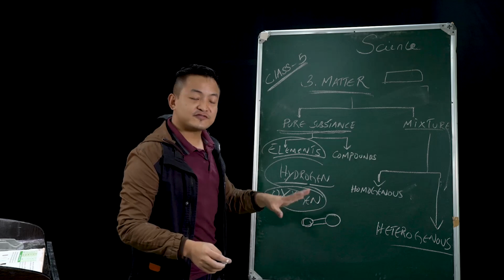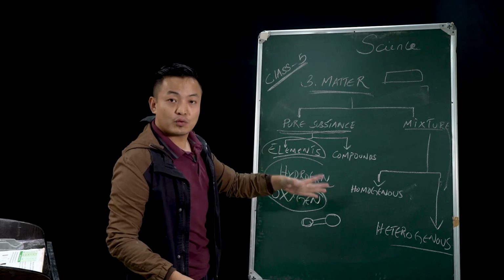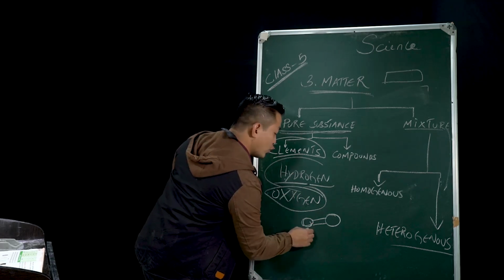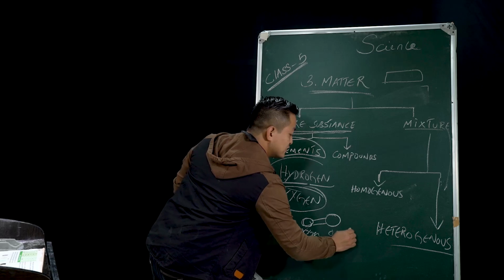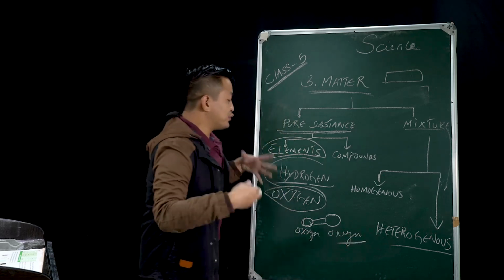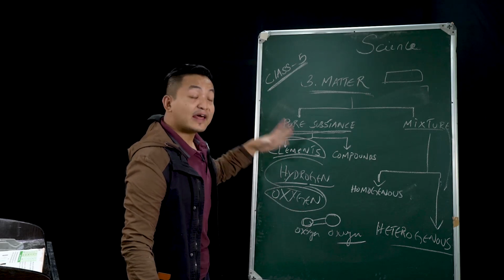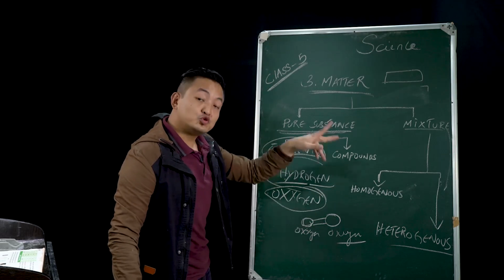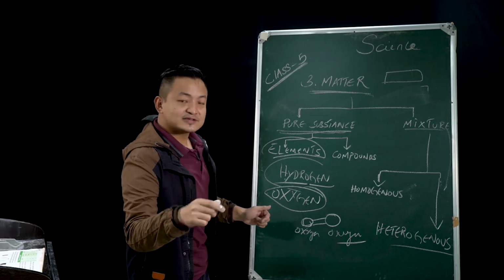Do we see any other different atoms here? No, only oxygen atoms. This is an O here, oxygen. So this is a pure substance, and we can categorize this one under an element because though we have two here in a pair, it is made up of only one kind of atom, and that is oxygen.